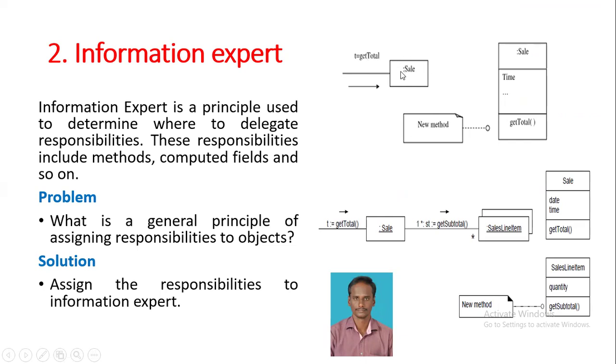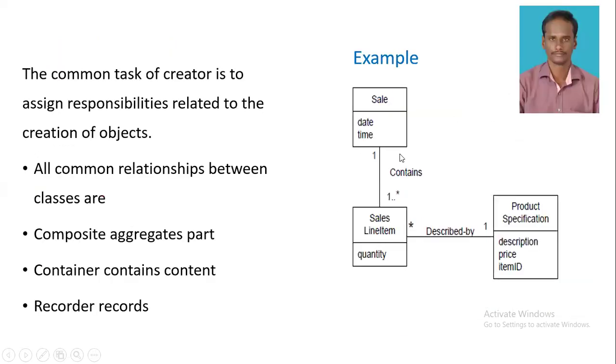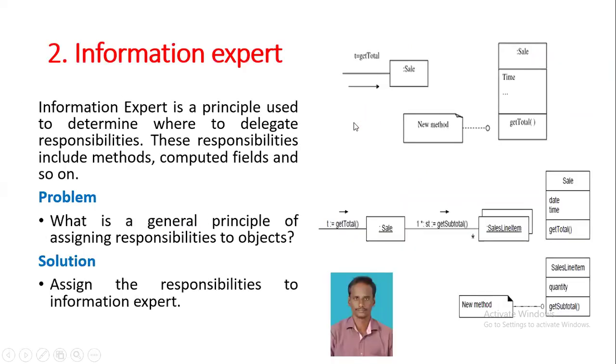For that purpose, we add a new method to the Sale class, that is getTotal. Previously the Sale didn't have any method, but in this scenario we need to know the total from the Sale. That's why we are going to add the method called getTotal.